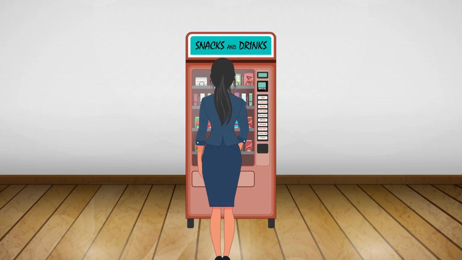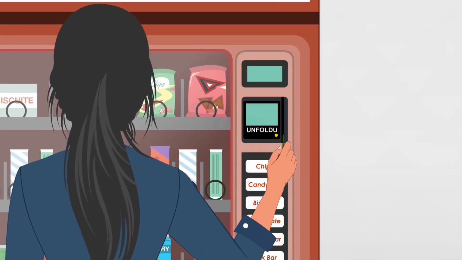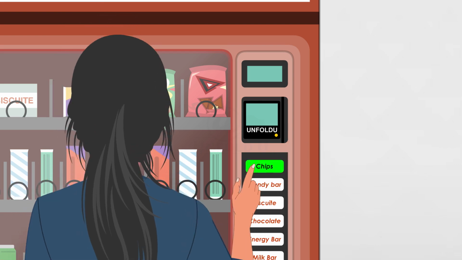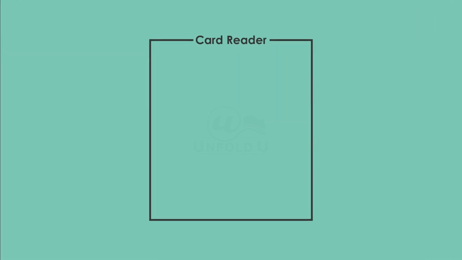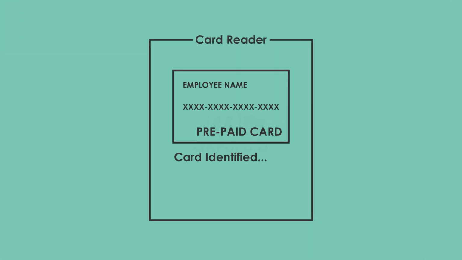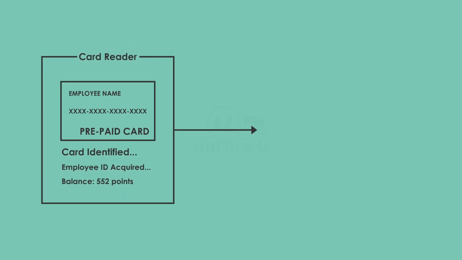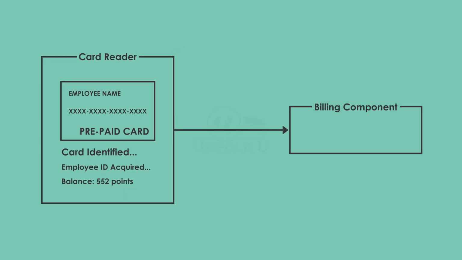Now, let's see an employee who swipes the card at the card reader attached with the vending machine and selects the product like chips. Internally, the card reader will identify the card which is allotted to the particular employee to get the employee ID along with the balance in the card and sends the details to the billing component.